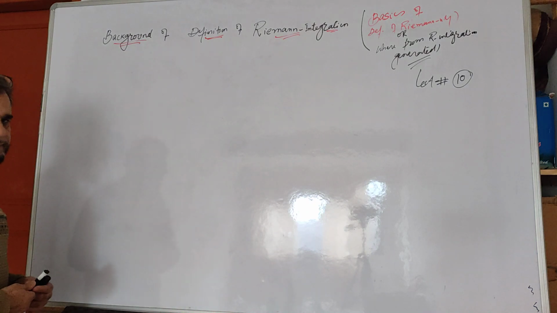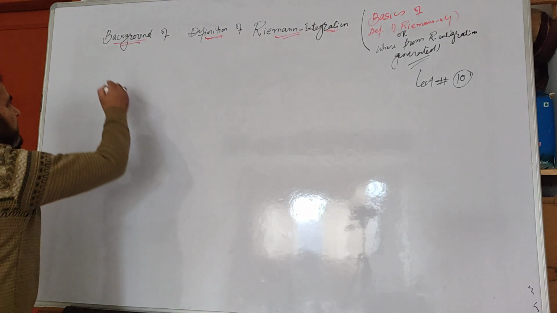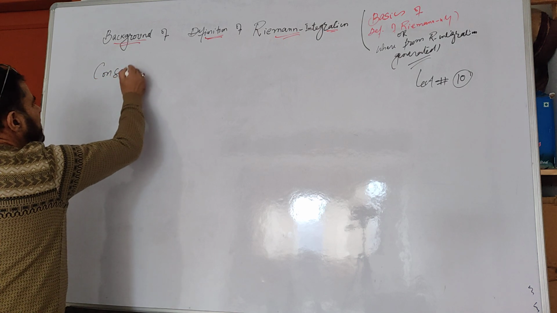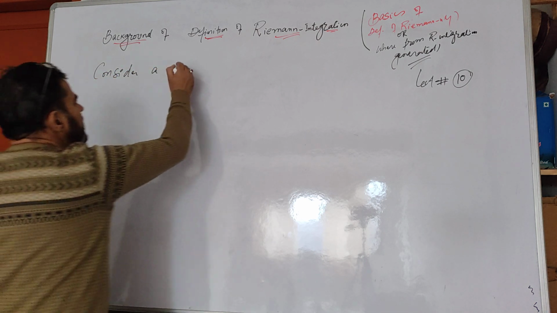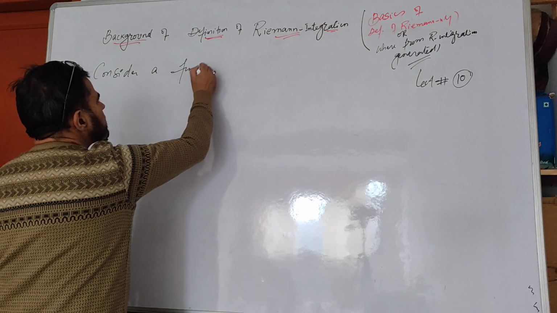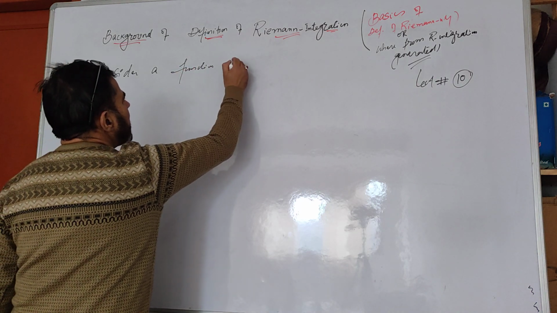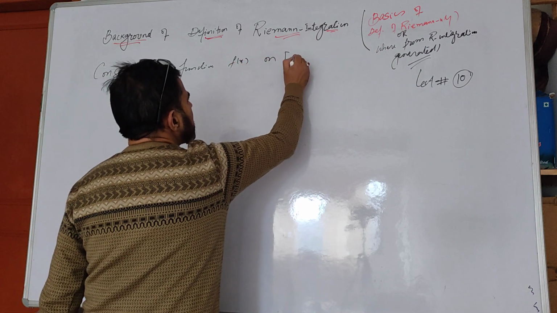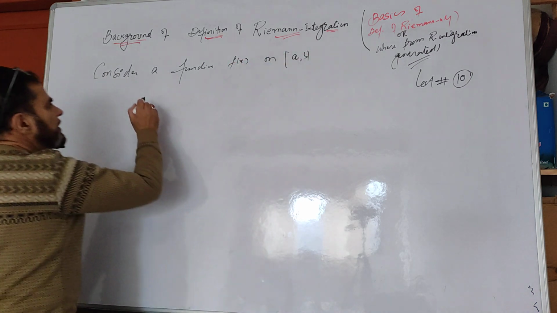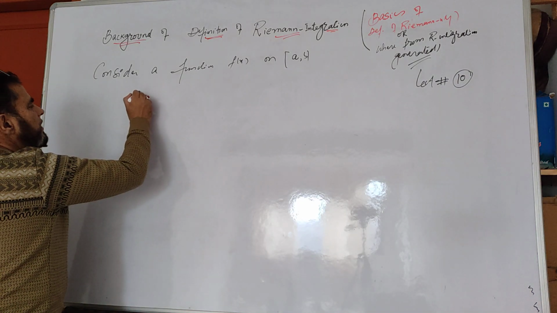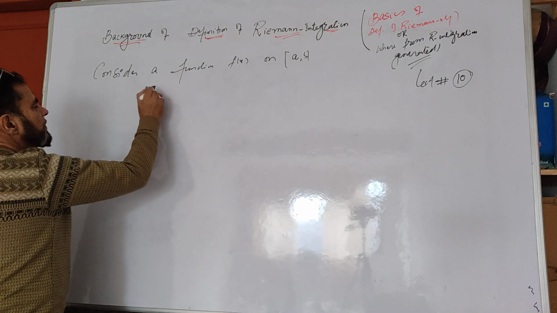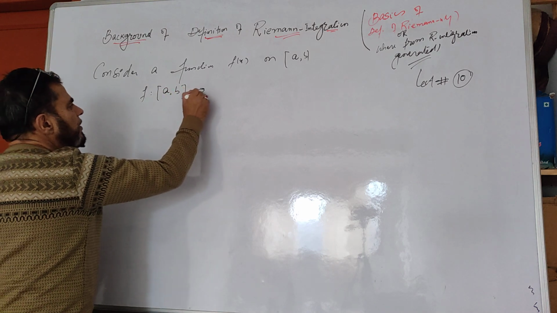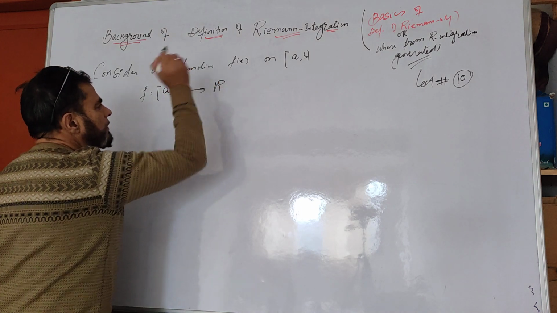If you are interested, we consider a function f(x) on closed interval [a, b]. Mathematically we say f is a function mapped from closed interval [a, b] into the set of real numbers.